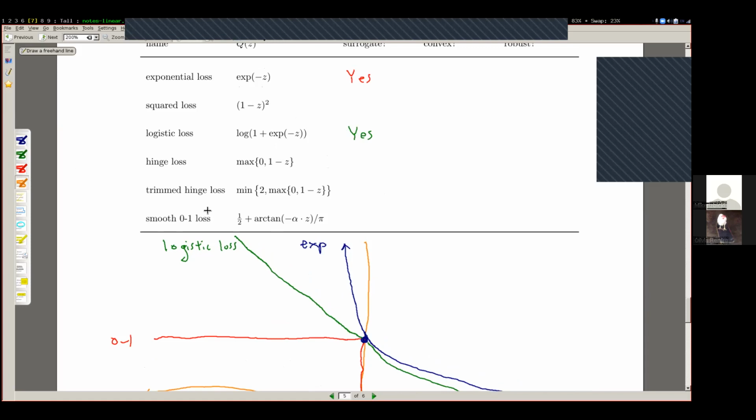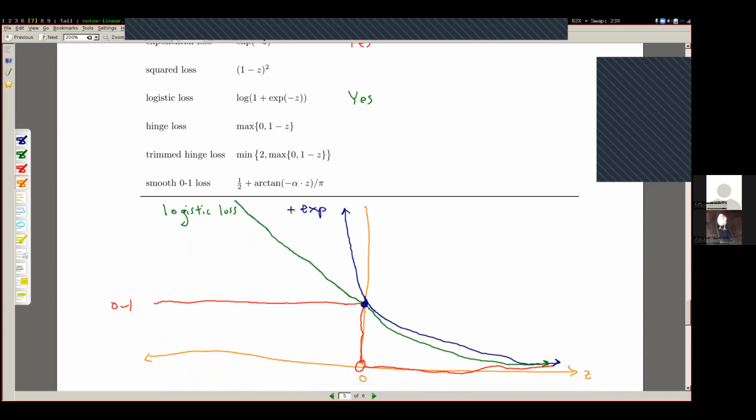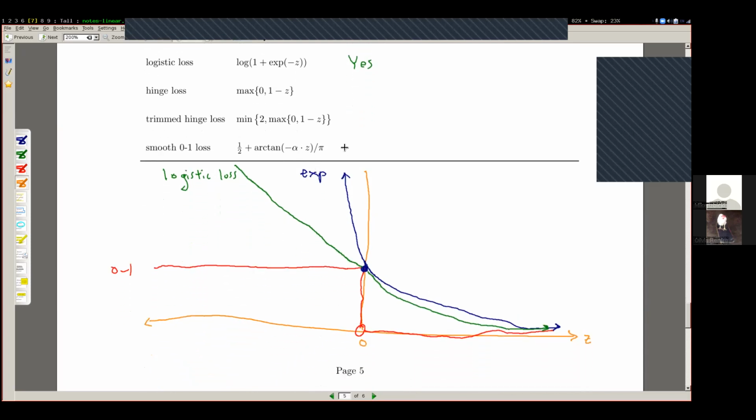And we'll do one more example, this smooth 0, 1 loss. If you were to plot out this formula, what you would get is something that looks like this. It's asymptotically approaching 1 over here to the left, and then somehow swoops down, and then asymptotically approaches 0 over here to the right.